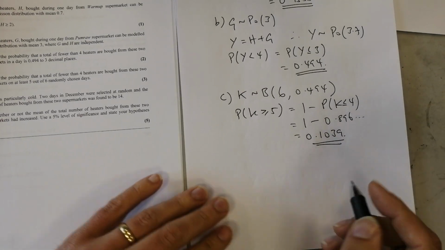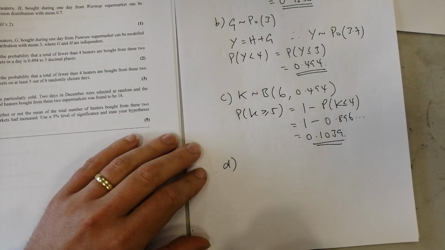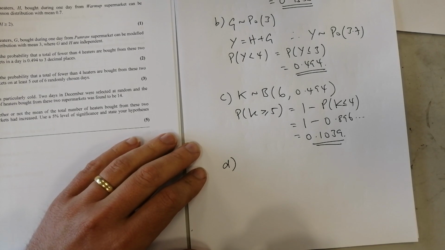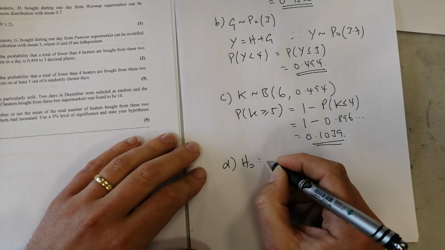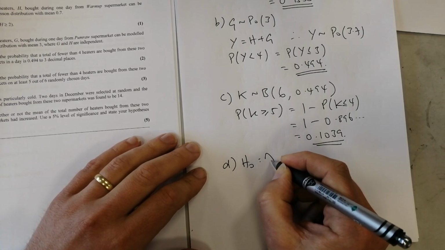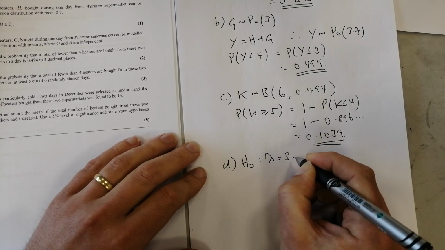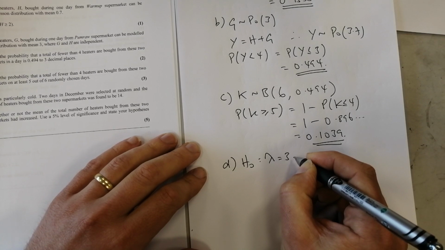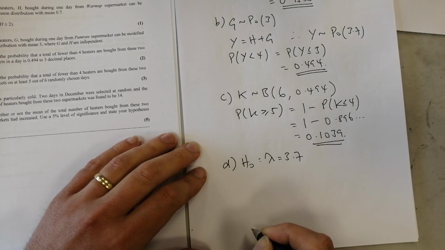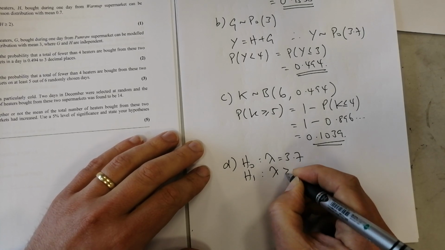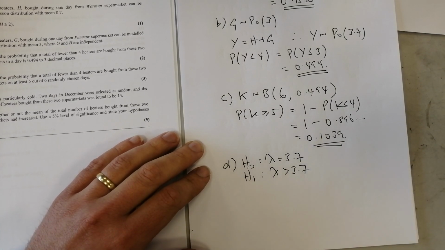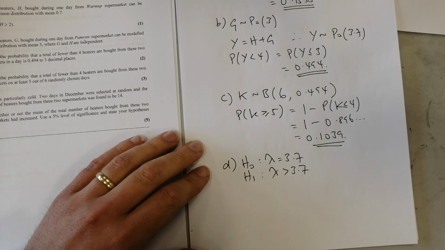So, firstly, state our hypotheses. Our hypotheses are that nothing's changed. So our null hypothesis is that lambda is still 3.7. Alternative hypothesis, however, is that actually we're selling more heaters because it's chilly, so lambda is bigger than 3.7.